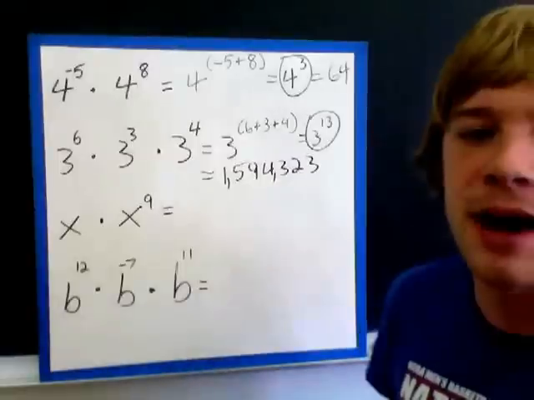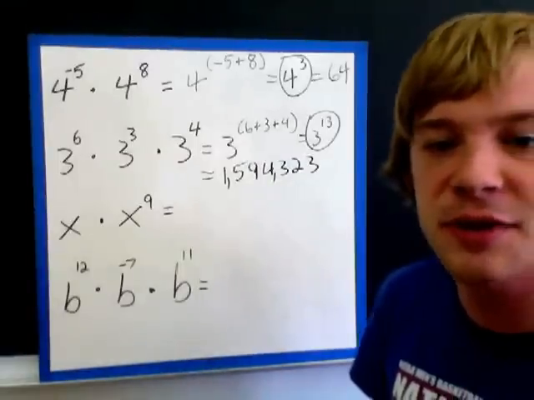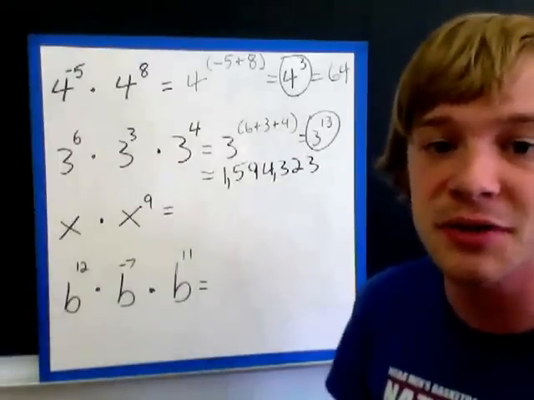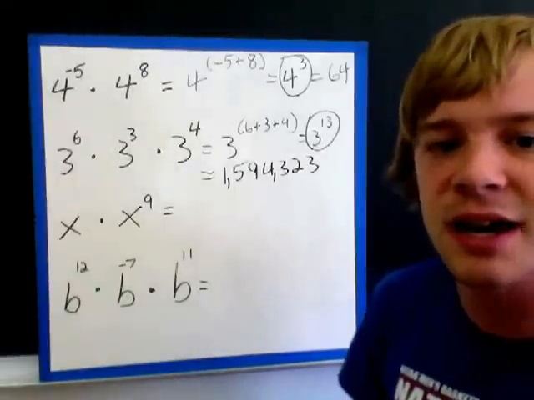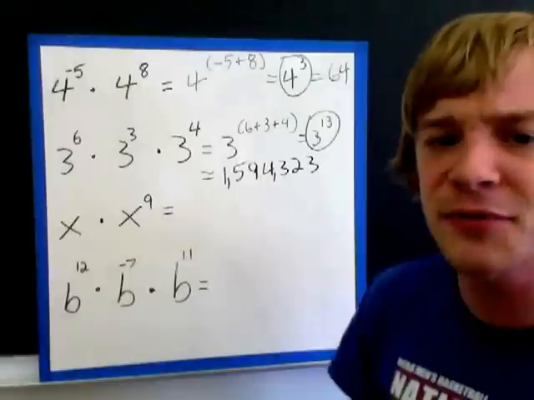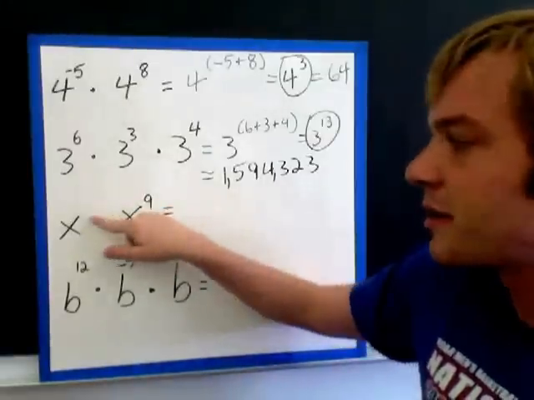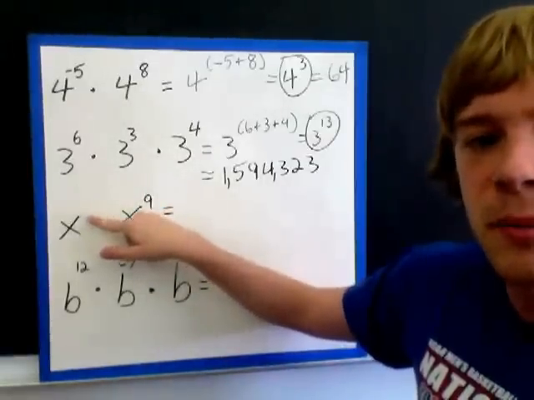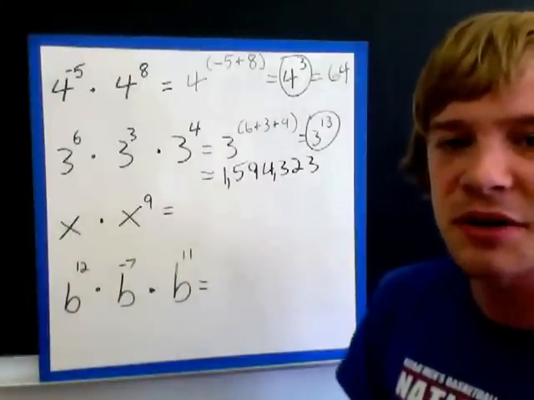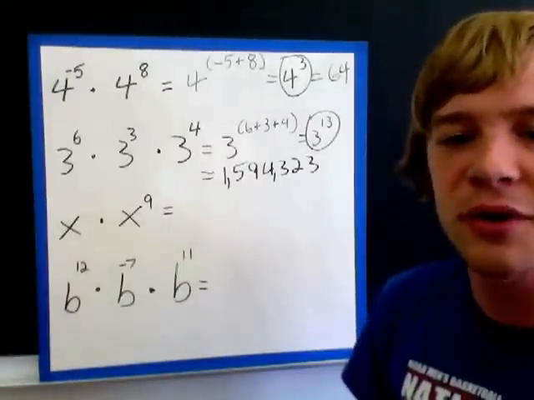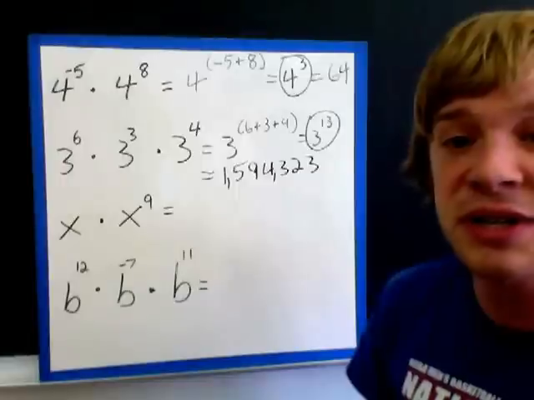Down here with this problem, I've got variables now instead of numbers, but that doesn't change anything. It still stays the same. I have x times x to the 9. And this looks a little bit different because we don't see a power here with the x. But if there's nothing written there, that actually means that there is an invisible 1. We don't always write it because we don't need to.